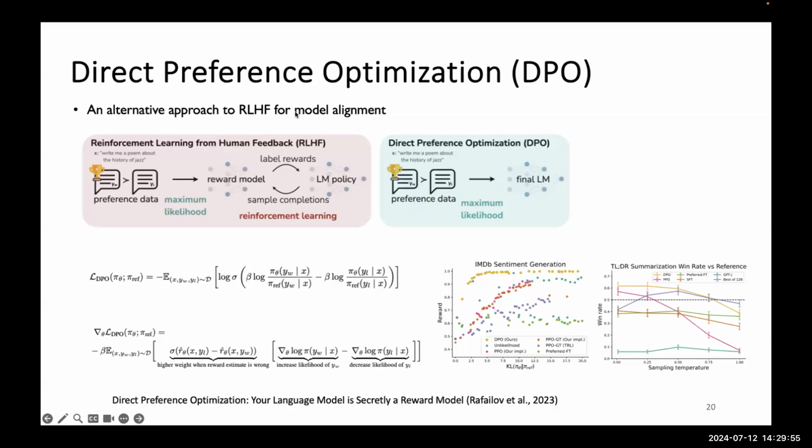Basically, what they showed was that if you have a data set that adequately captures your preferences, in terms of what you want and what you don't want, then your language model is able to implicitly learn that via an implicit reward model.